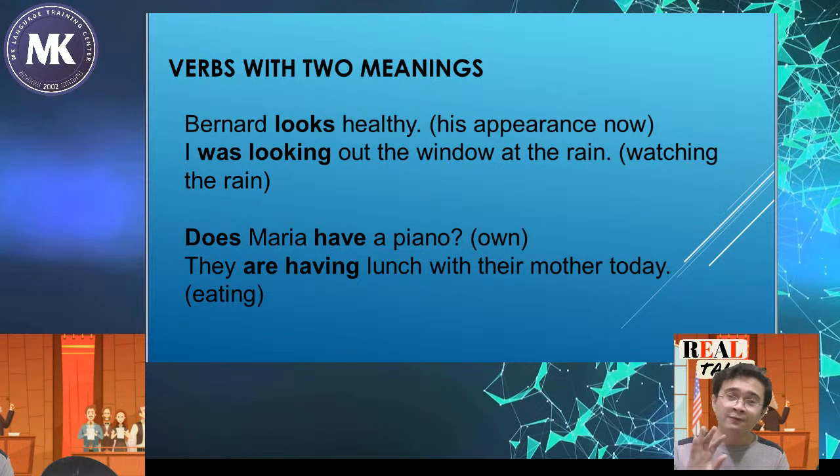The first example sentence is a stative verb and it falls under the sensing verbs, right? And also remember, for the word looks here, we can change it into a linking verb or be verb. So we can say Bernard is healthy. But if you want to make it better, you can say Bernard looks healthy. It makes your sentence more appealing sometimes.